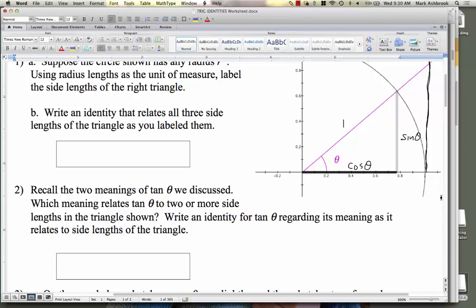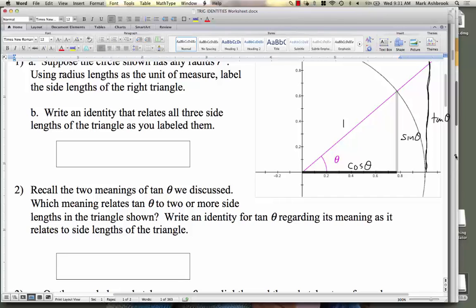The vertical height above the horizontal diameter along the 3 o'clock tangent in radius lengths was what value? So how long is that in radius lengths right there? Tangent of theta. That was the definition we had. In radius lengths, that's tangent.